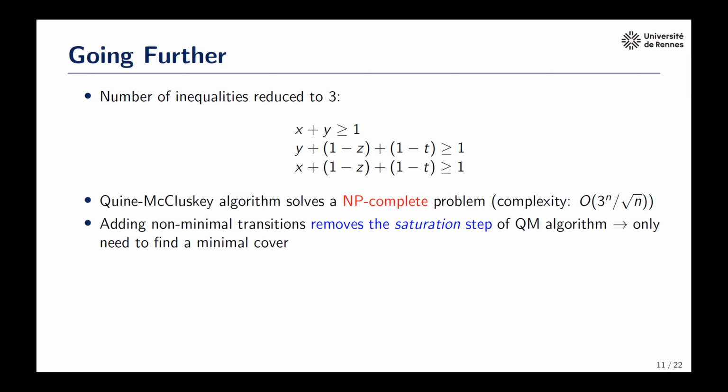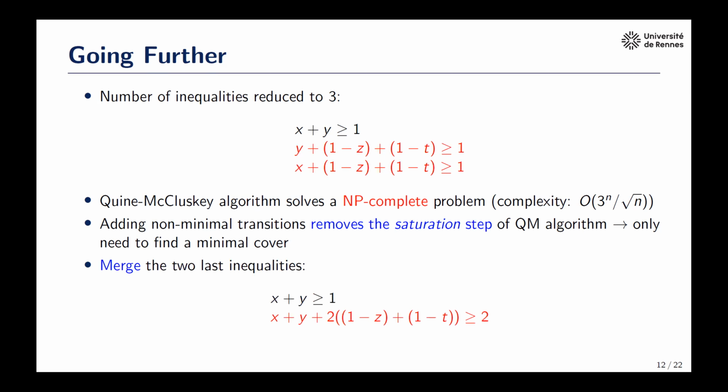And finally, when you have reduced the system of equations, then you can combine some of those inequalities by looking at inequalities that have all the terms in common but one. Okay, so here we can solve it exactly, but in practice, a greedy algorithm is efficient enough to find a good solution.